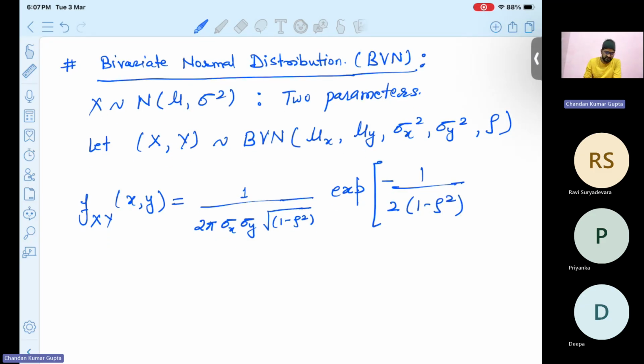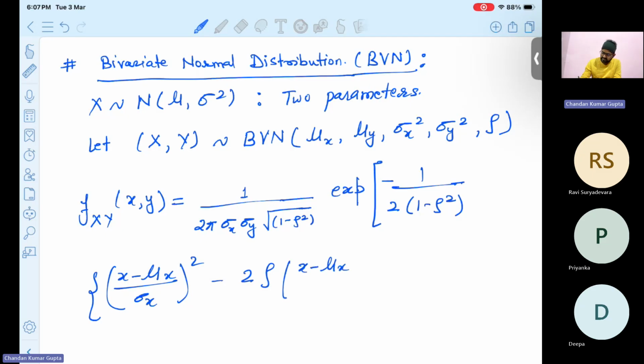Then we have a curly bracket, and within this, ((x minus mu x) upon sigma x) whole square, the same as in the univariate case, minus twice rho times (x minus mu x) upon sigma x times (y minus mu y) upon sigma y.